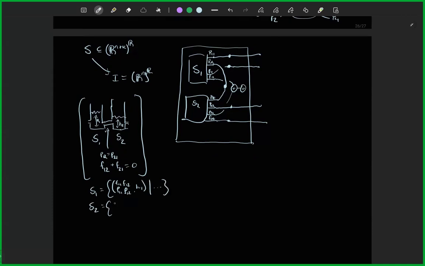S2 is equal to F21, F22, P21, P22, H2, subject to some equations. I'll call them maybe ec1 and ec2, just so I can refer to them again. I don't want to write them out.